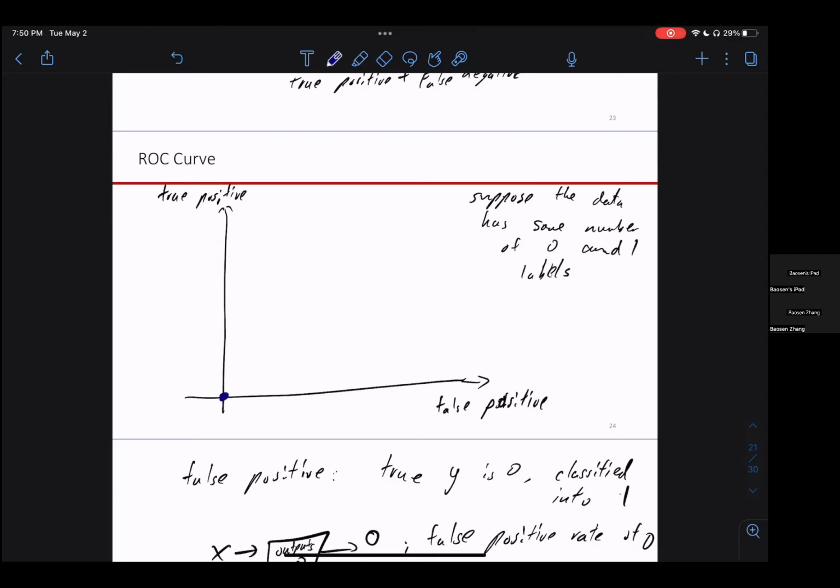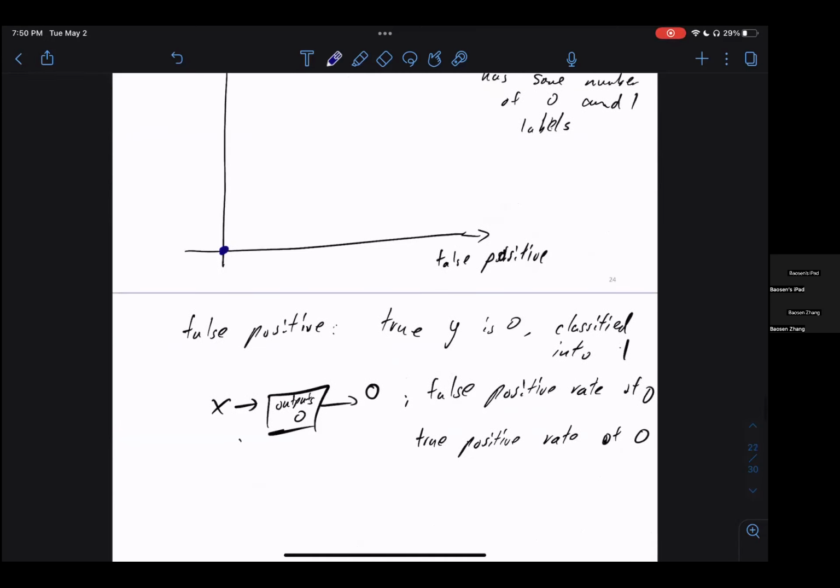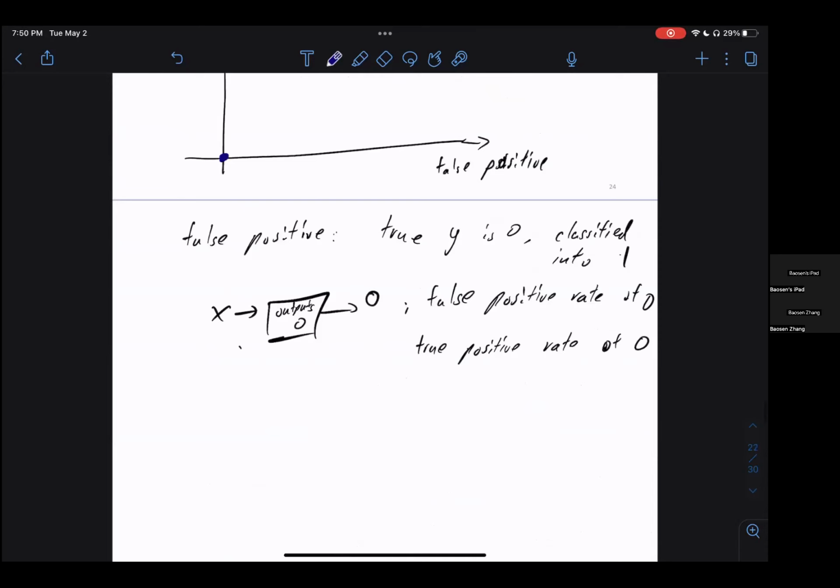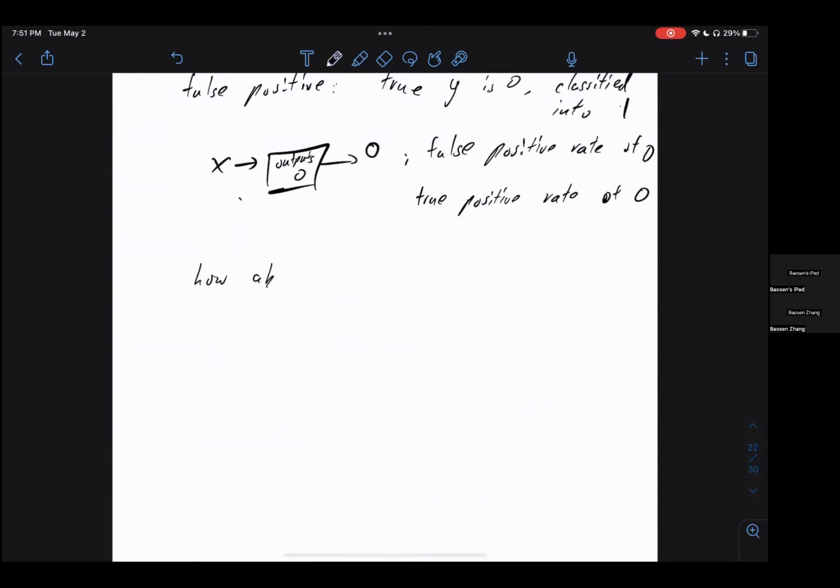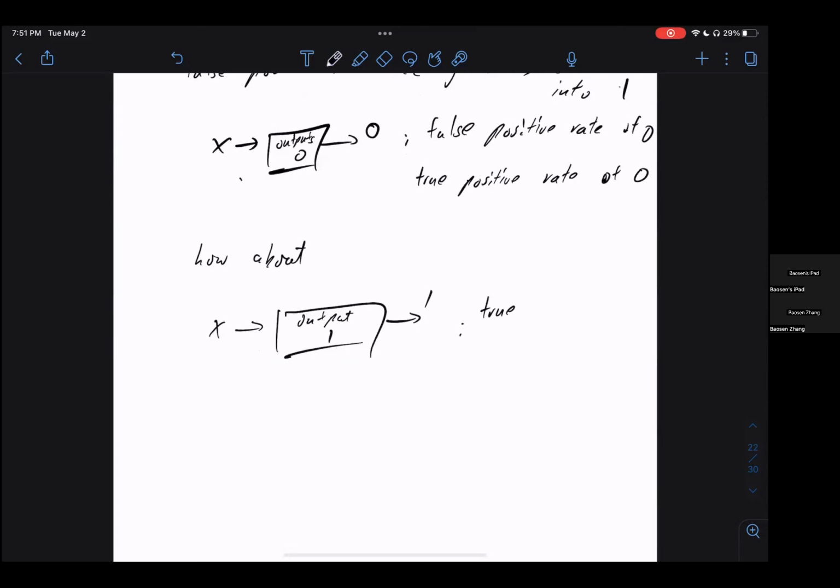Now you can consider the other classifier. The outcome is 1. In this case, I don't care what you give me, I'm going to declare 1. So what is the benefit of this classifier? The true positive rate is 1.